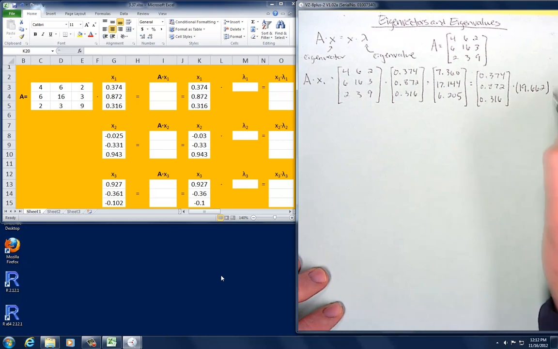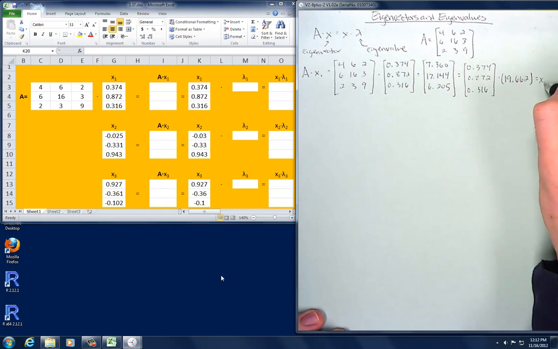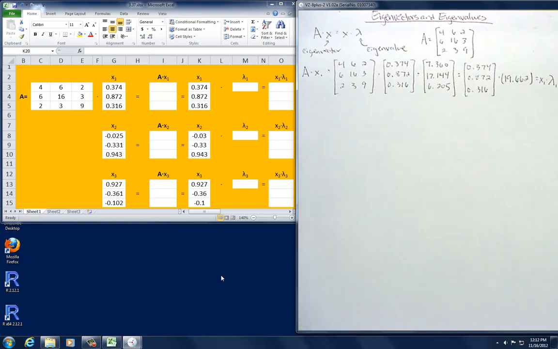So this equals x sub 1 times this constant that we'll label lambda sub 1. So this indicates that x sub 1 is the eigenvector of A, and lambda sub 1 is the associated eigenvalue.